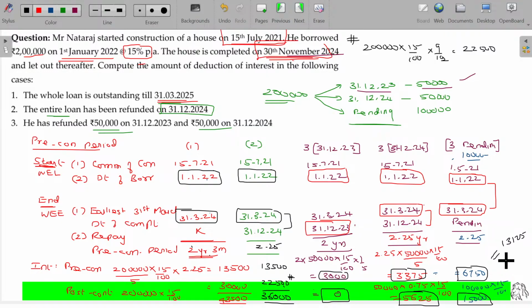What is the value? 20,625. The overall amount deductible under section 24 clause B being 33,750 is claimable value. Is that clear? That's all. Make a note of it.